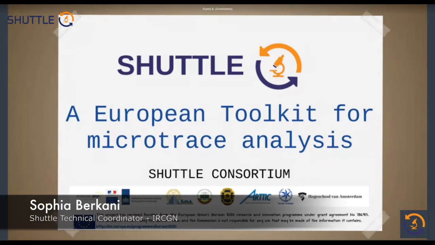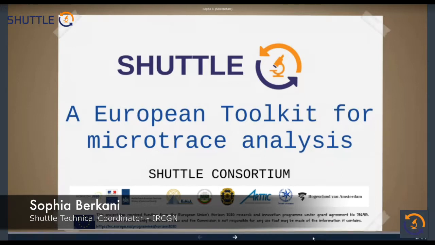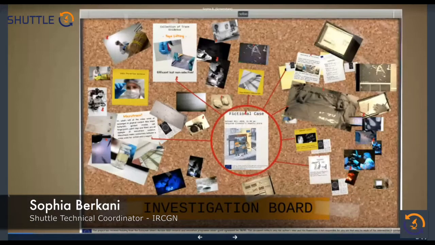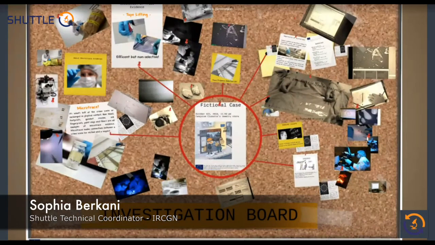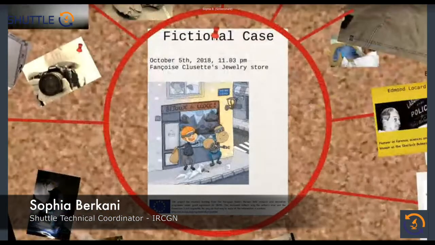Okay, I think you can see my screen. So, to do so, I choose to introduce the vision of Shuttle through a fictional case. So let's consider the following scenario. Jewelry was robbed during the night.